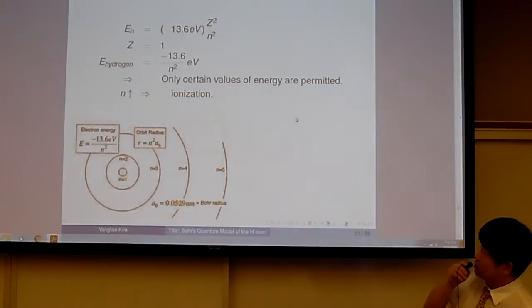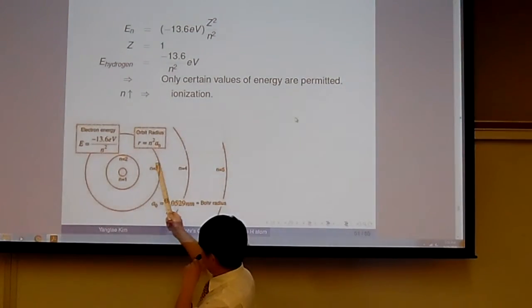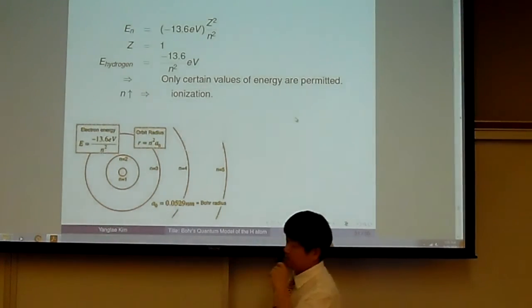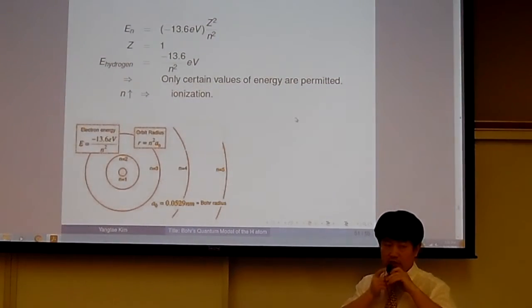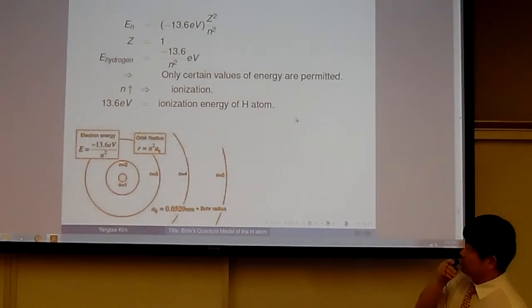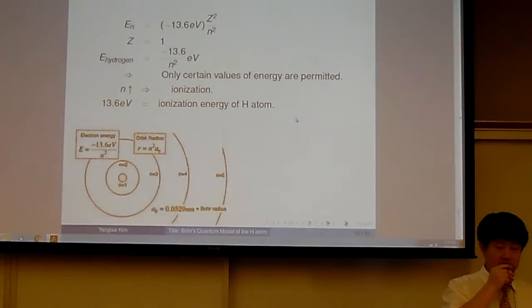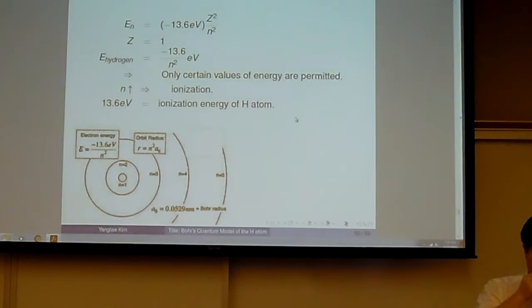If n increases, which means the electron location is going far away from the nucleus, okay, then eventually ionization will happen. And experimentally, we came to know the ionization energy of a hydrogen atom is 13.6 electron volt.